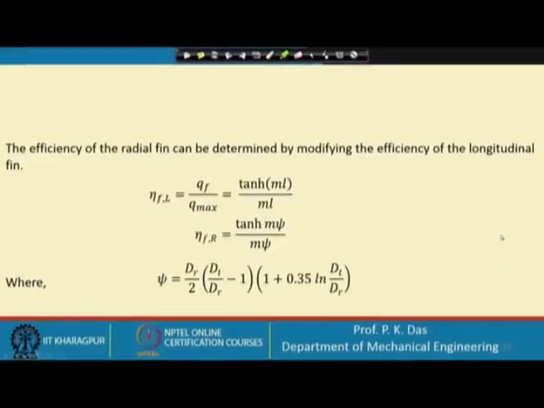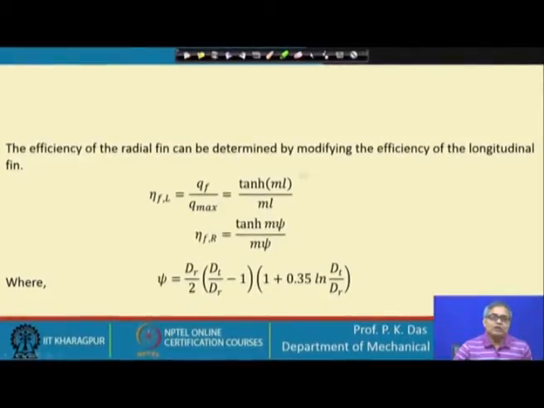With this, we go to the fin. The efficiency of the radial fin can be determined by modifying the efficiency of the longitudinal fin. This is again some sort of new input. Earlier I told you that the calculation of the efficiency of a radial fin involves Bessel functions.